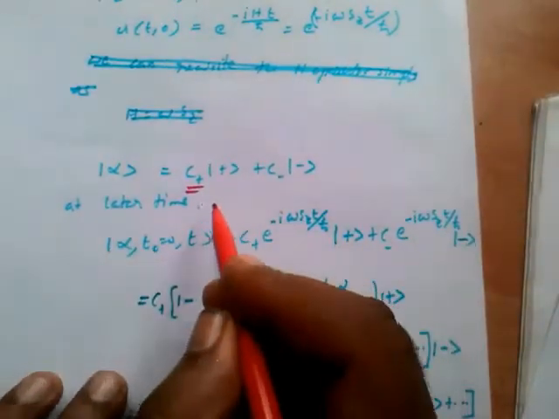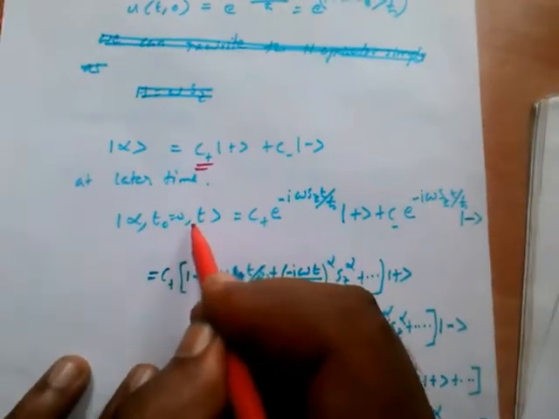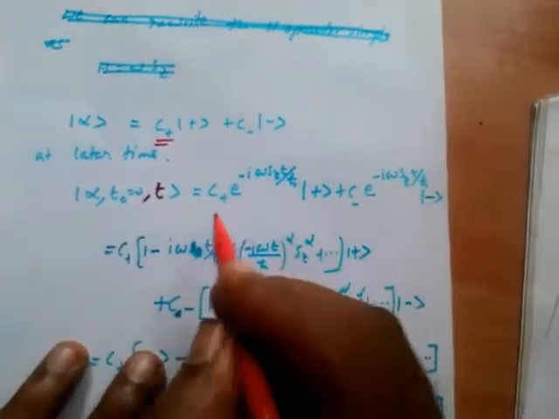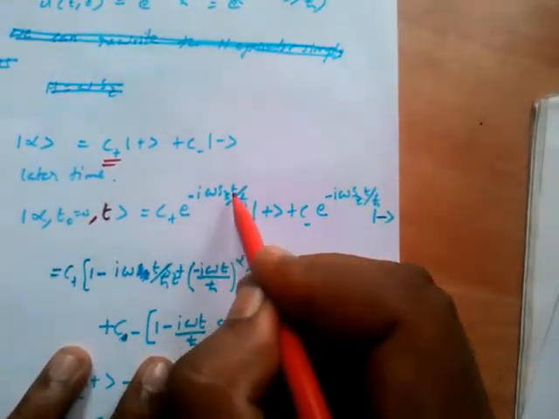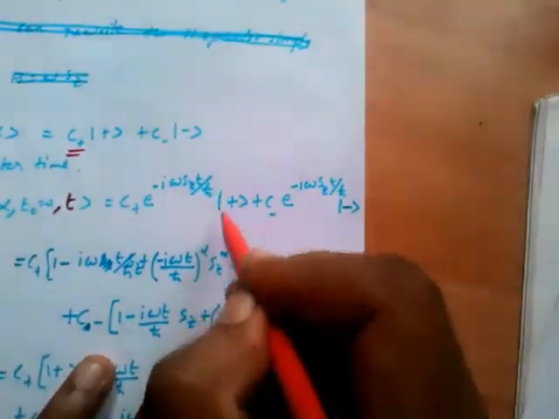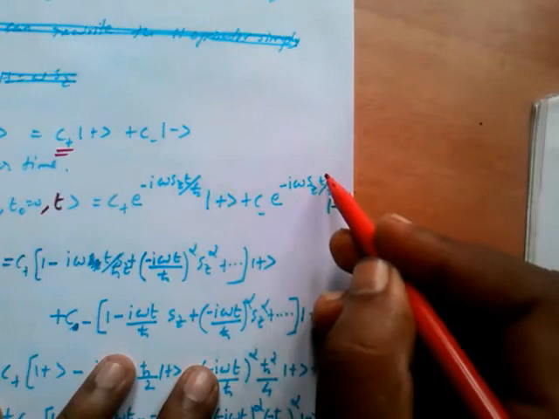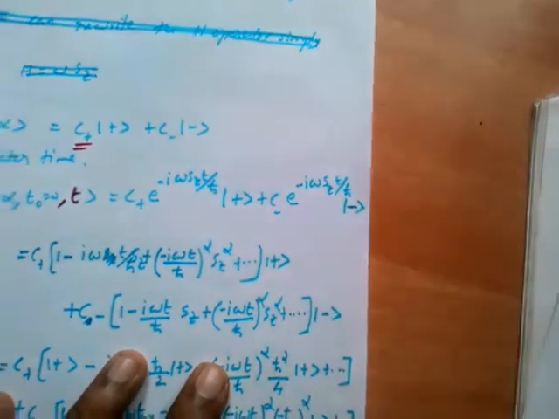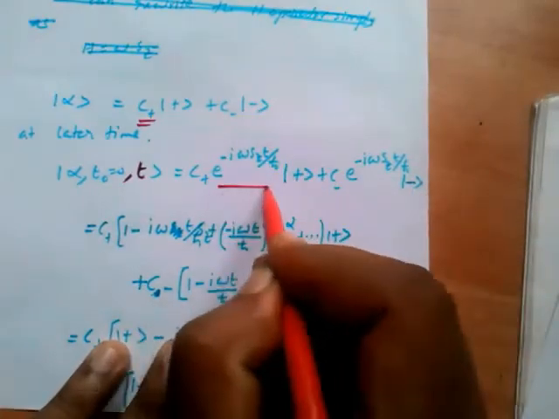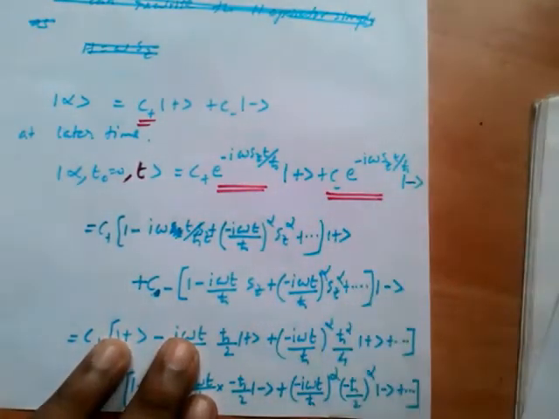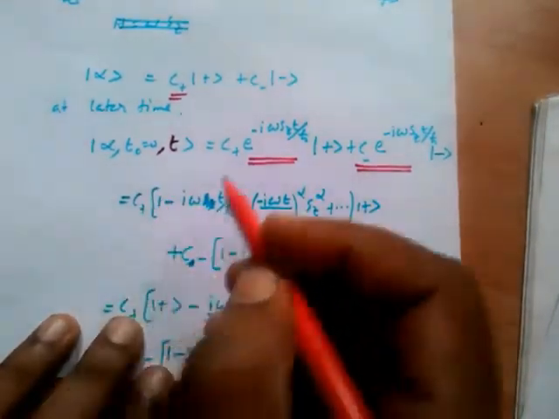So at a later time t, we can expand alpha at later time t, that is equal to c plus e raised to minus i ω S_z t over ħ plus state plus c minus e raised to minus i ω S_z t over ħ minus state. This way of expansion we have learned earlier, so just apply it here.